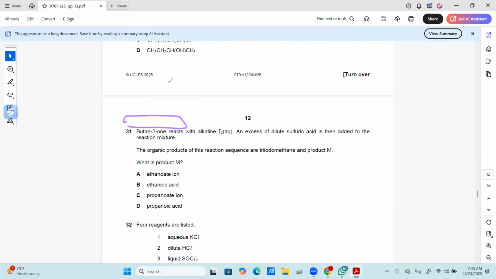Butan-2-one reacts with alkaline iodine. So this is the iodoform reaction to identify that there is a methyl ketone. An excess of dilute sulfuric acid is then added to the reaction mixture. The organic products of this sequence are triiodomethane and product M. So if we have butan-2-one, that means COCH3.